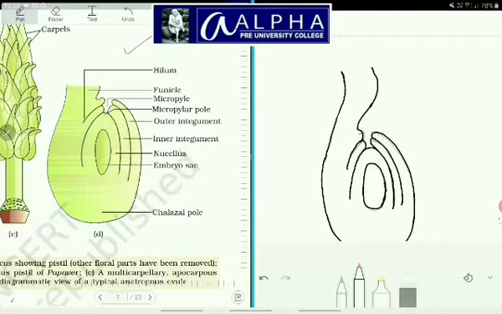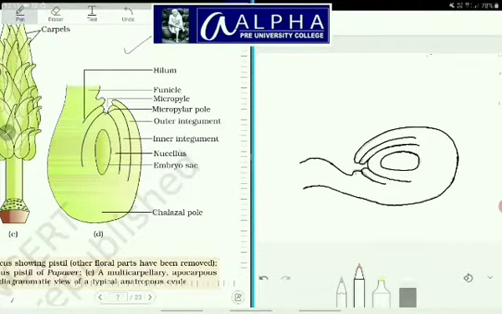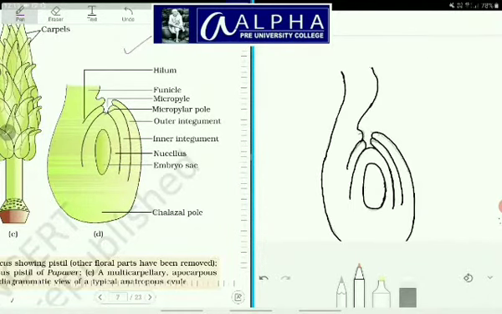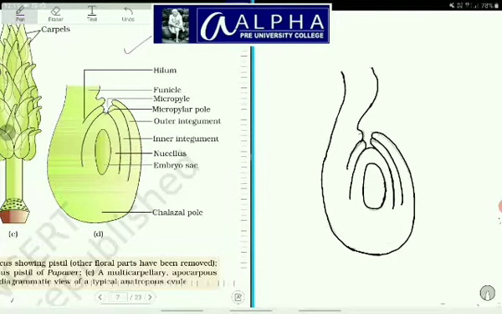This is a funicle, sorry, orientation has changed. So this is funicle. It's the stalk of the ovule. This is micropyle. Micropyle.